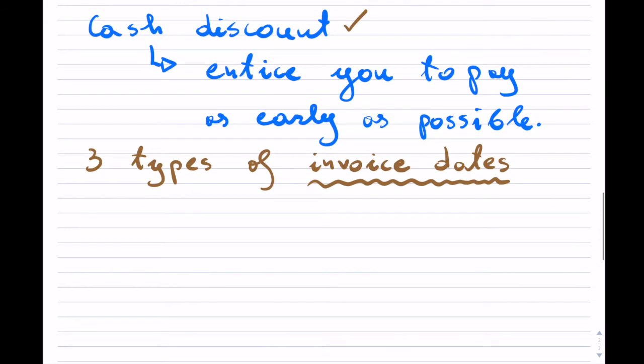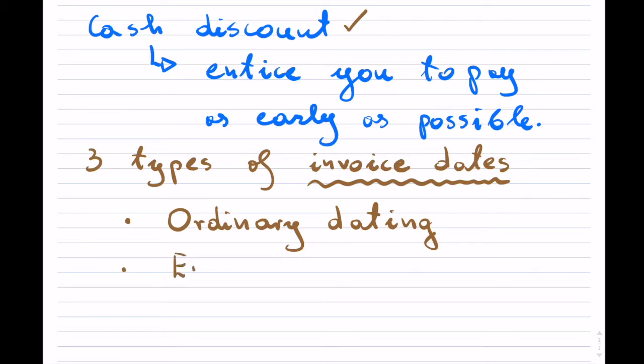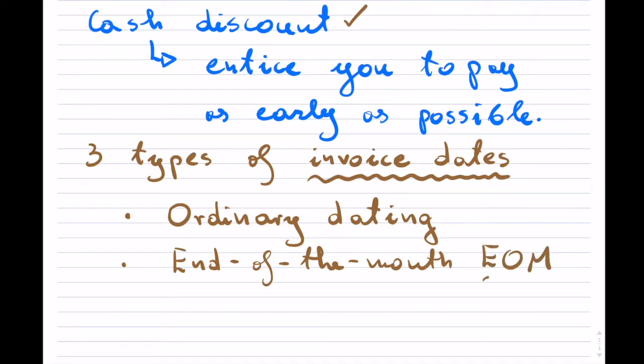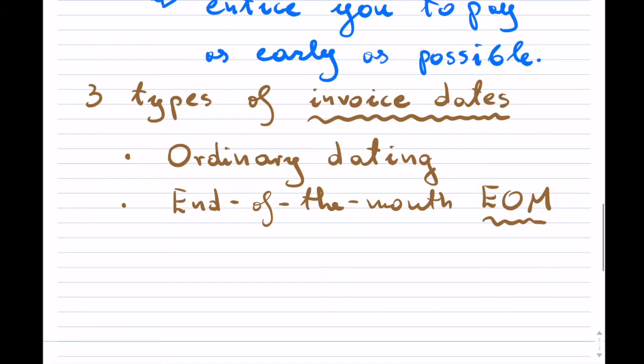The first one is known as ordinary dating. The second one is known as end of the month, and typically for end of the month, they will write EOM as an acronym.